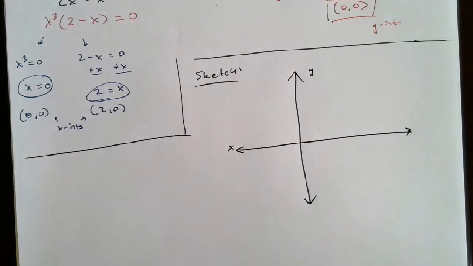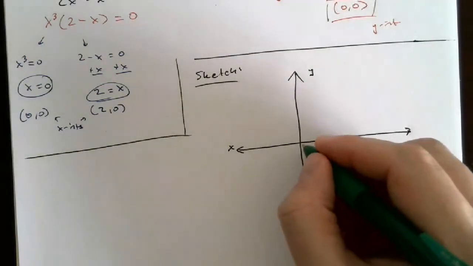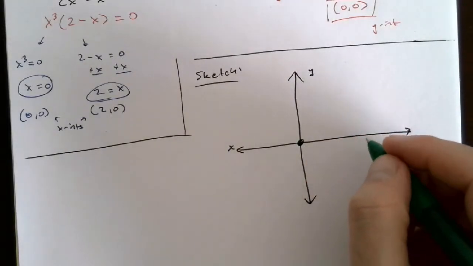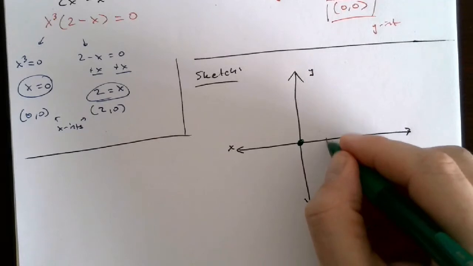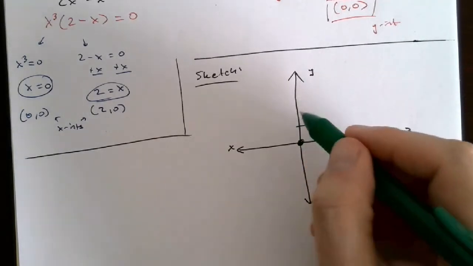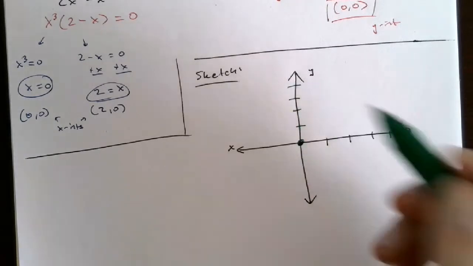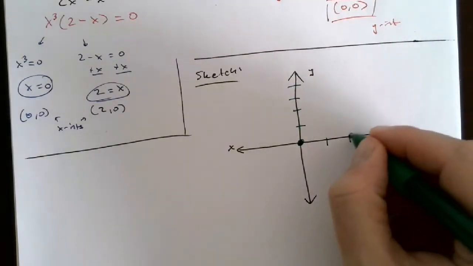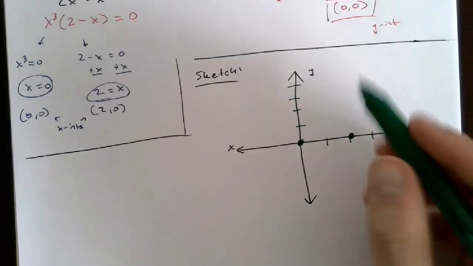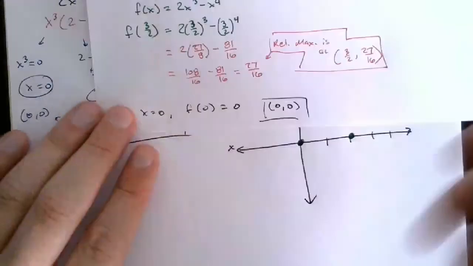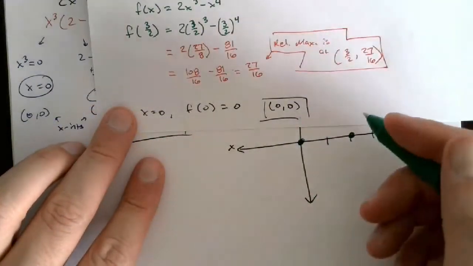So I have the x-intercept here at (0, 0), and then let's go 1, 2, 3, 4, just to make this a little more clear, but you don't need to have it that accurate. So you've got (0, 0) here. We've got (2, 0) here. The y-intercept is (0, 0). We're already there. We already got it on the graph.